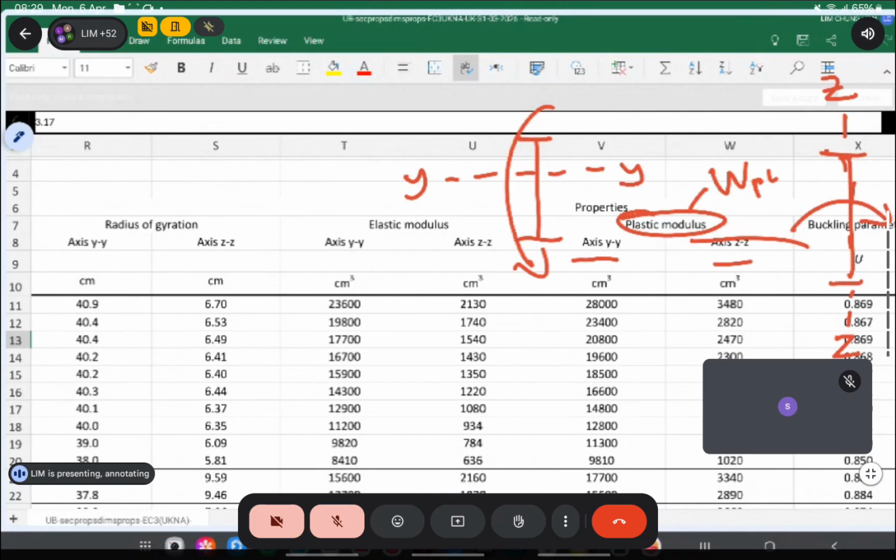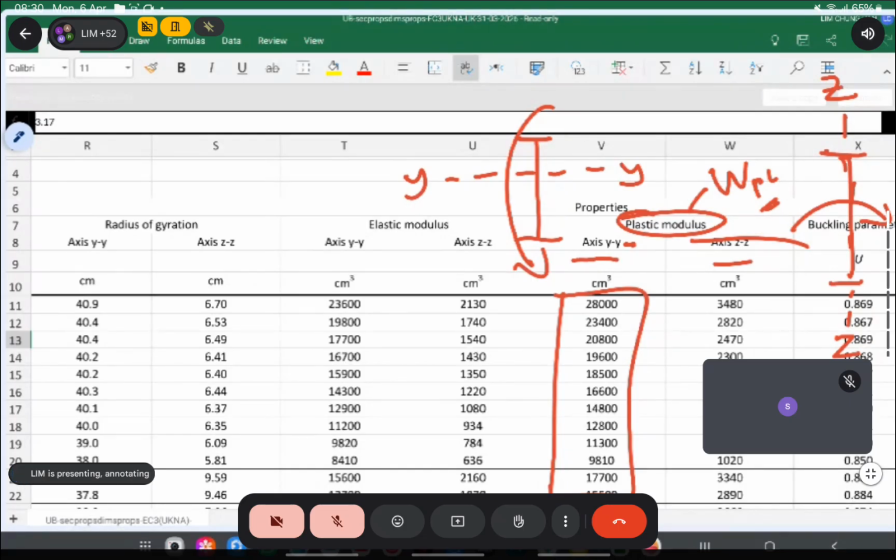Normally the bending is about y-axis. So use the figures in the y-axis normally. Okay, so plastic modulus. This is the table you refer to. WPL, PL there stands for plastic. You just need to decide whether it's y-axis or z-axis.